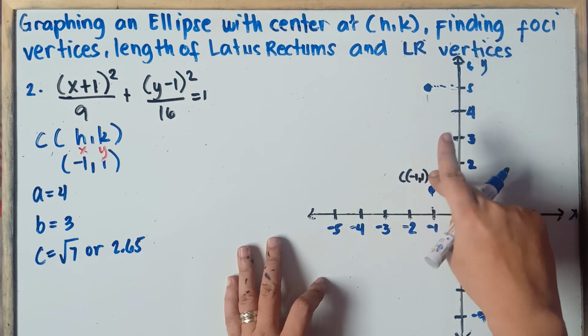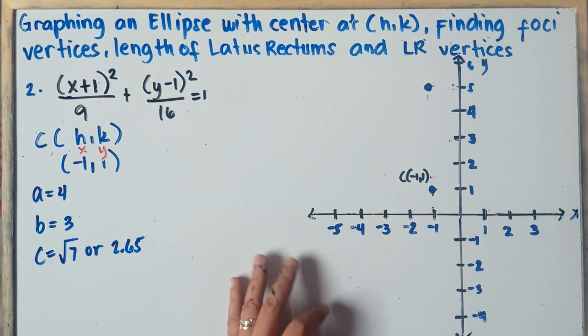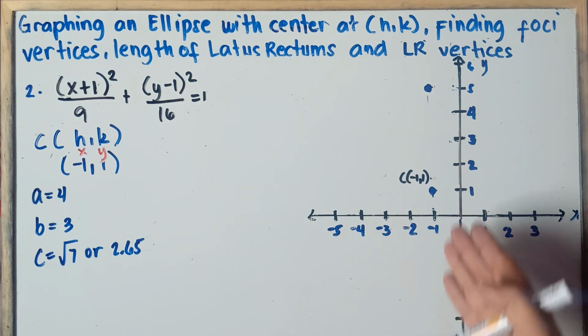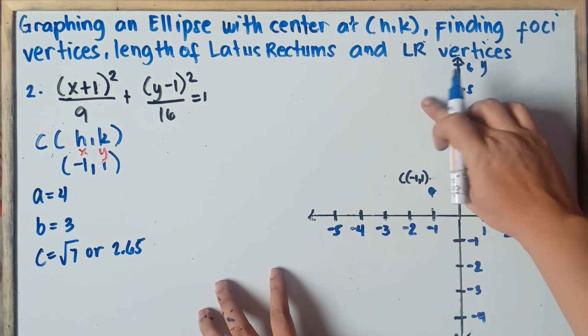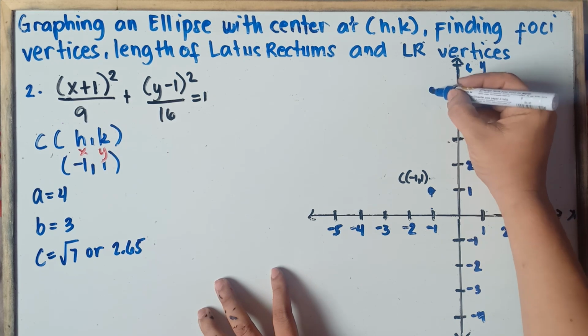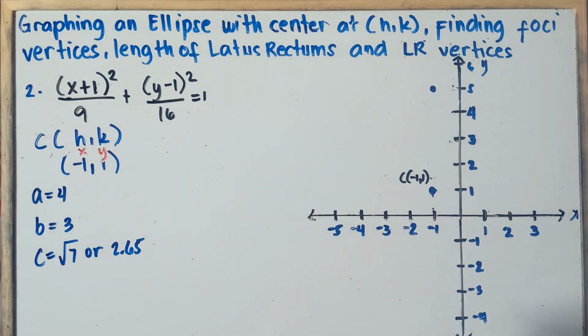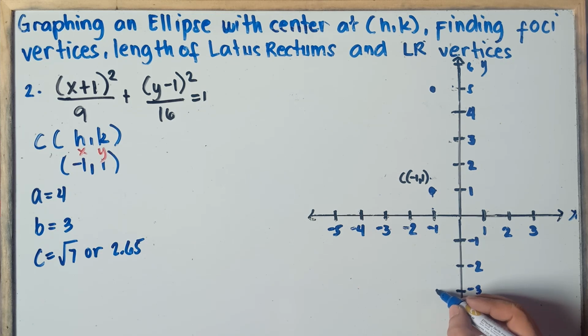Our major axis will be located on the y-axis. We have a vertical major axis because our a is aligned on y squared. Alright, and then 4 units downward. 1, 2, 3, 4. So this will be our second vertex for the major axis.